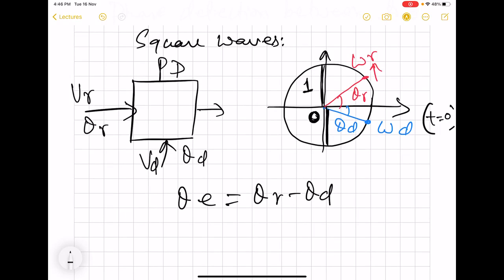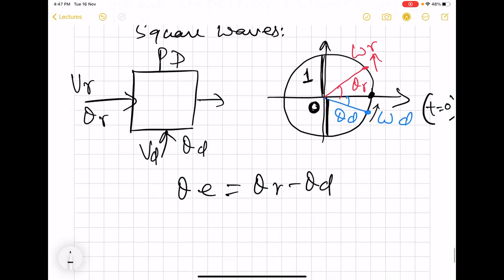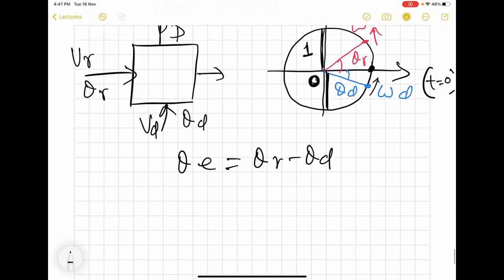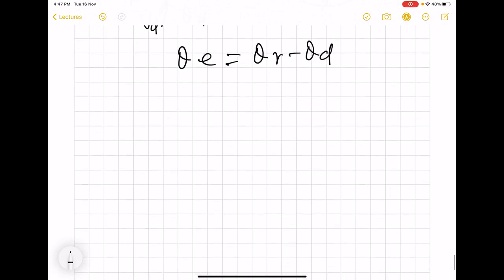And omega d or the VD signal is rotating in this direction. So after some time, it will attain 0 phase and then some positive phase. That means it will become positive after a certain delay. After a certain positive delta t, the VD will become 1. So now if we plot these two waveforms, this is what we are going to get.